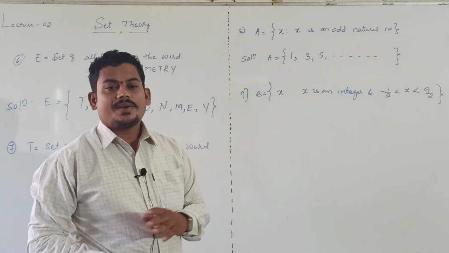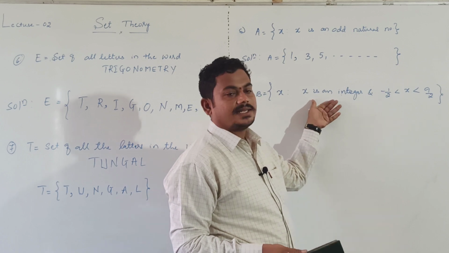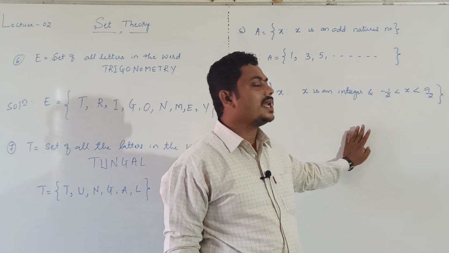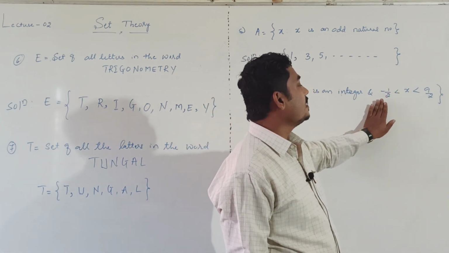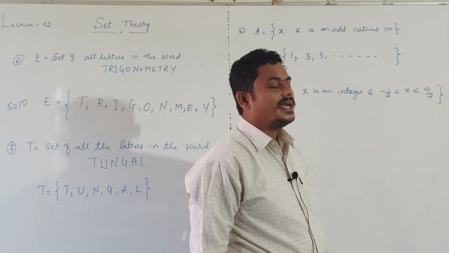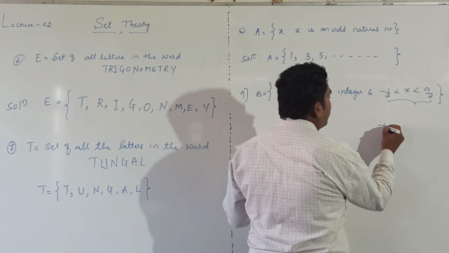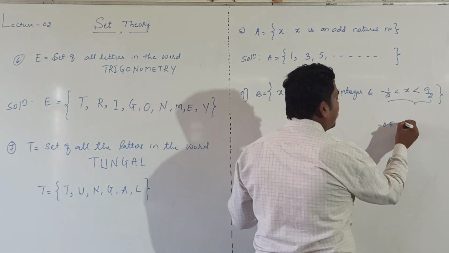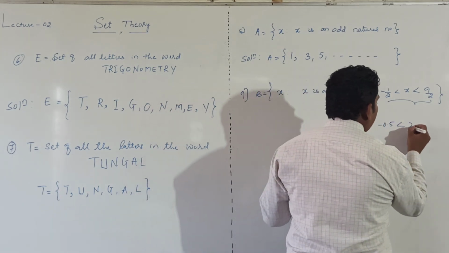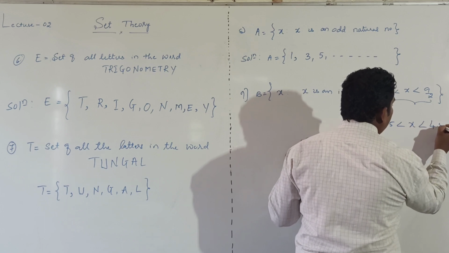Here the property given is that it should be an integer, either positive or negative, and it should be between -1/2 and 9/2, that is, greater than -0.5 and less than 4.5.